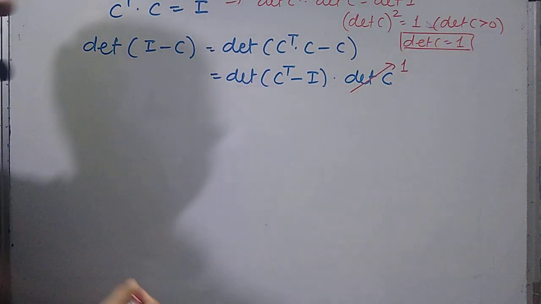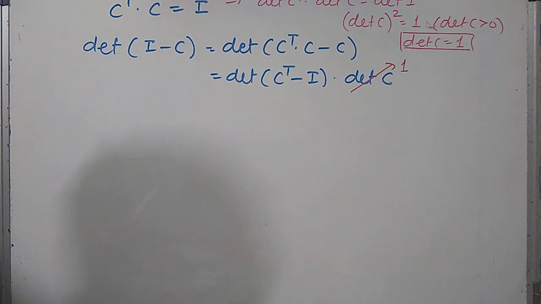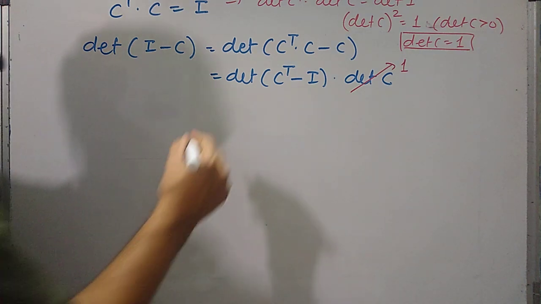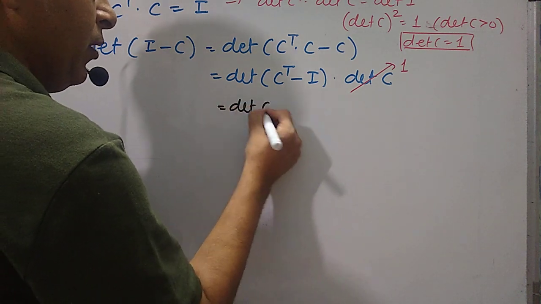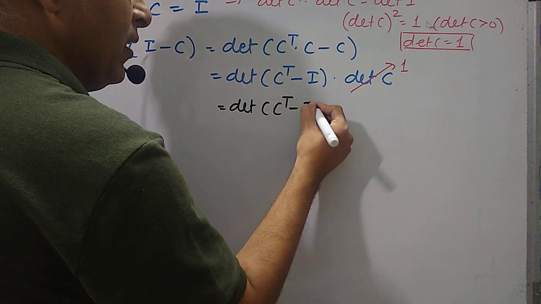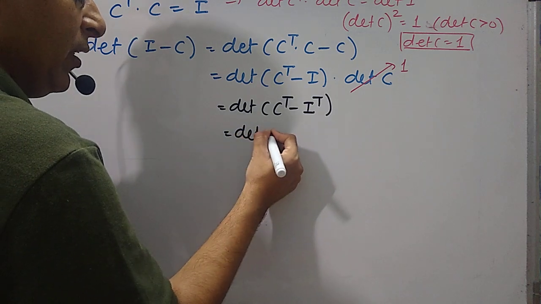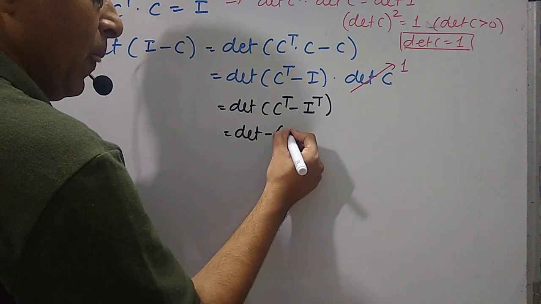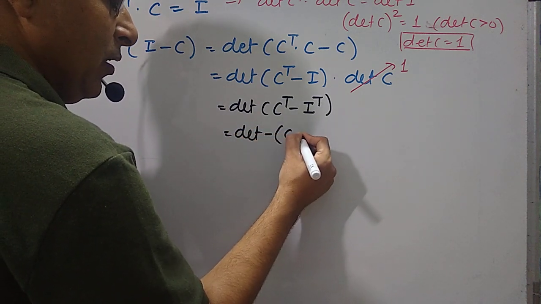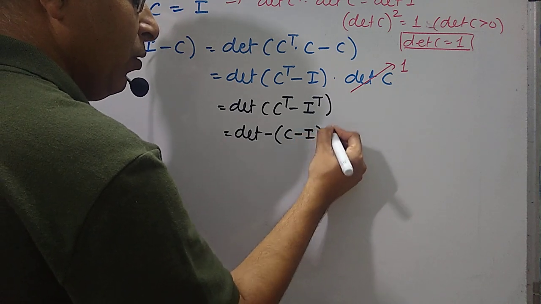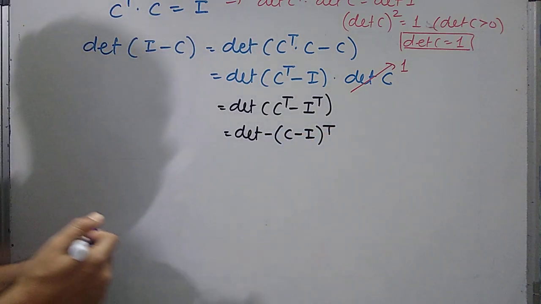Putting that in, we get determinant of C transpose minus I, and I is the same as I transpose. So we take the common minus sign, and it will be (C minus I) whole transpose.